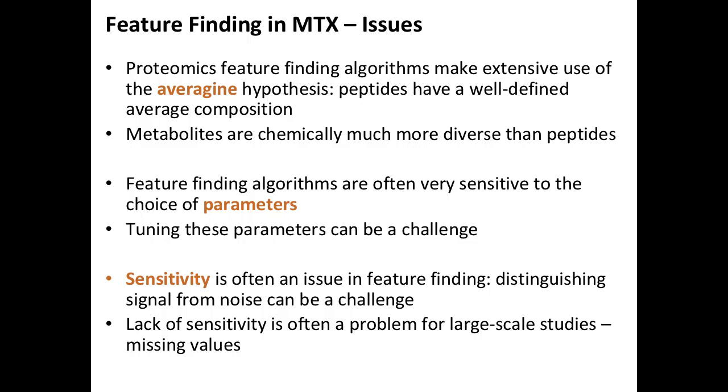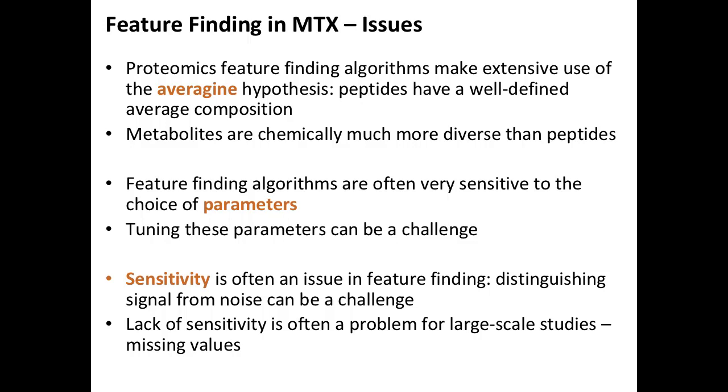It turns out that machine learning is an approach that can be employed here. We don't have an underlying model, but instead we learn to recognize what a metabolite feature looks like, and that is a bit more flexible, although it requires some training. Another problem that we see with the proteomics feature finding algorithm was that we have lots of parameters to play around with. You might have noticed there's quite a few parameters.